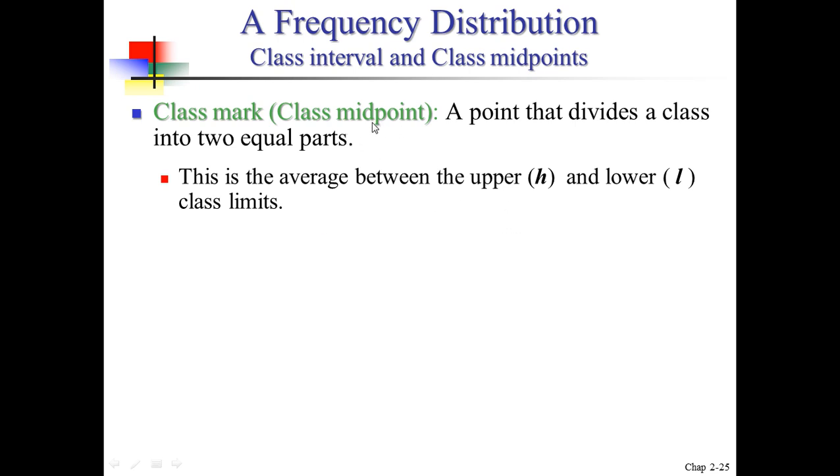If you want to know the midpoint, it is exactly the middle between lower and higher. So class mark or class midpoint is a point that divides a class into two parts equally. This is within the range between the upper limit and lower limit of every class.